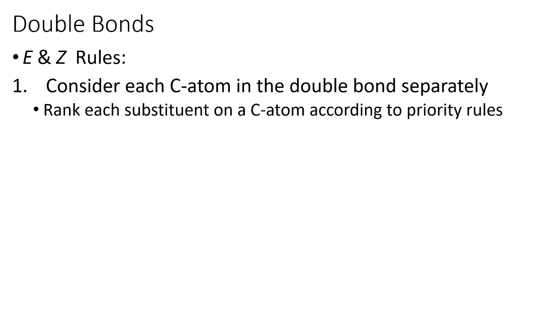So I'll look at the carbon atom on the right of the double bond, and then I'll look at the carbon atom on the left of the double bond. And I'm going to rank each substituent on the individual carbon atoms according to their priority rules. So this time I'm only going to be using priority number 1 and priority number 2, since we're only looking at individual carbon atoms, and they only have 2 groups associated with them.